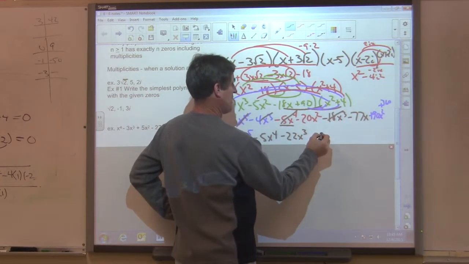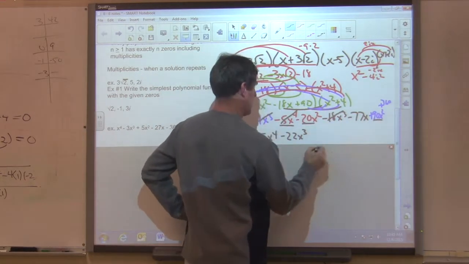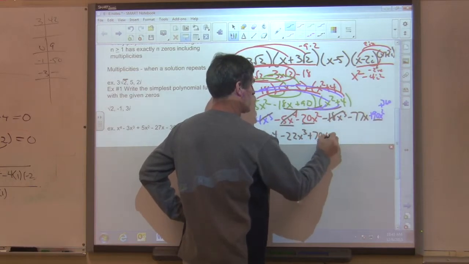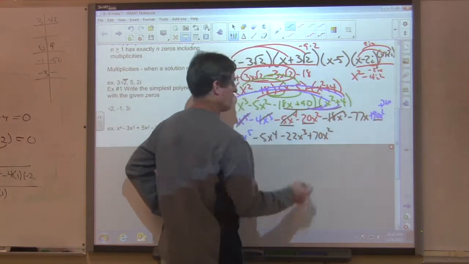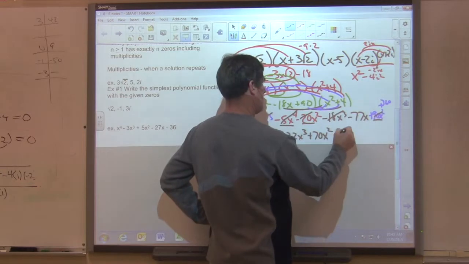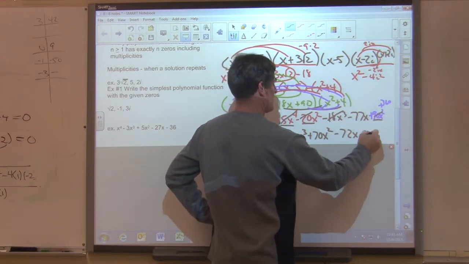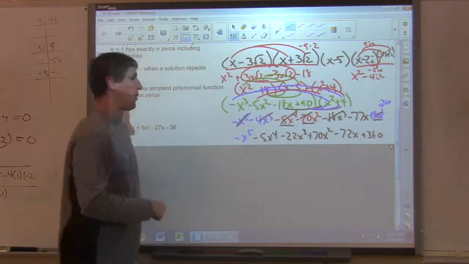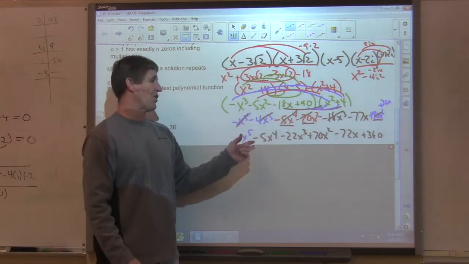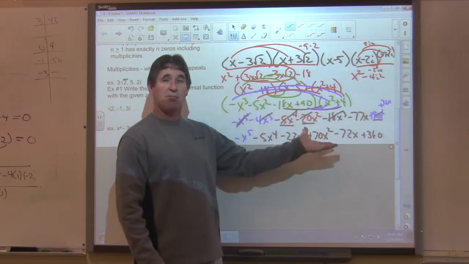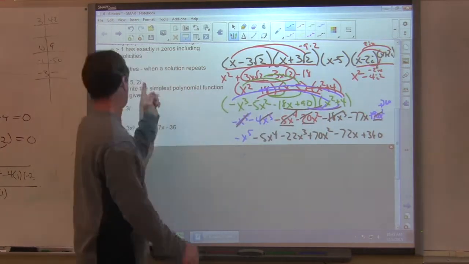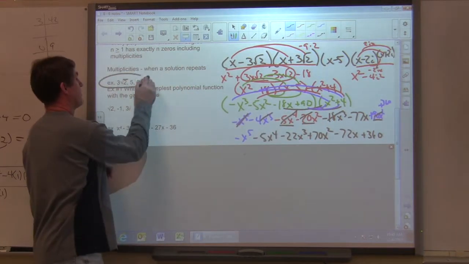And then my x squared, negative 20 plus 90 is a positive 70x squared. And then minus 72x plus 360. And so that would be the polynomial. So you're going to have something like this where you're asked to find the polynomial given the roots. Okay?